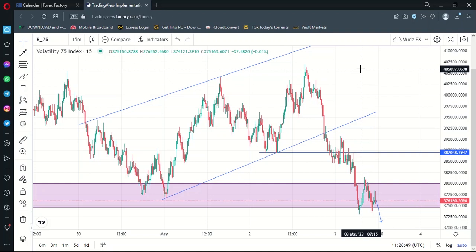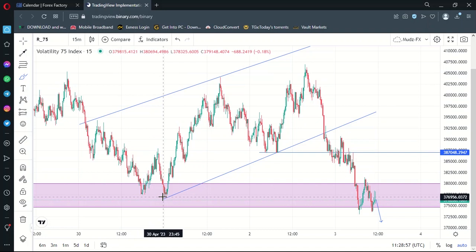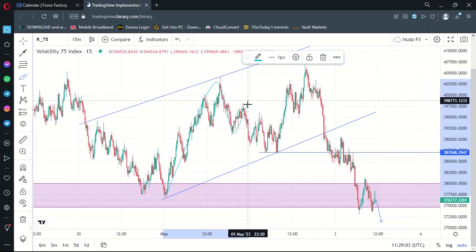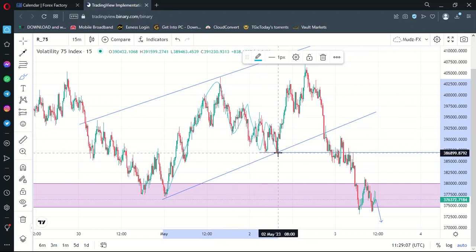So as I was saying about trend inside trend, if you look at this pattern, the market went up with an impulse move, then it made a correction, then an impulse move.